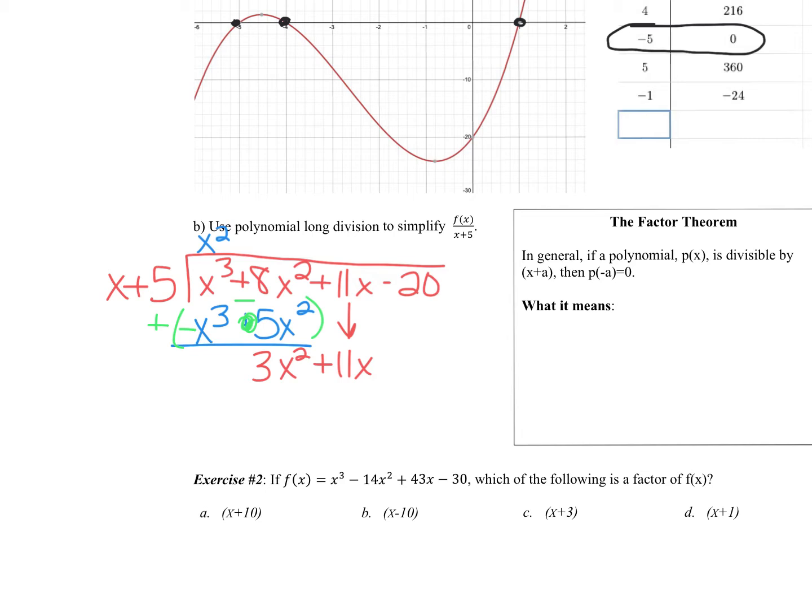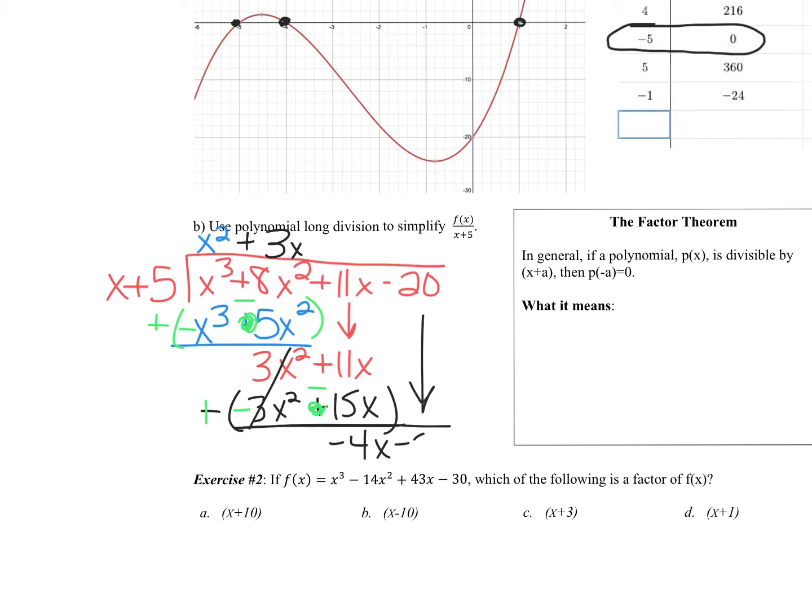Now x goes into 3x squared, 3x times, and then I'm going to subtract again and change my signs. That cancels, and I have 11 minus 15x, which is -4x. Bring down the -20.